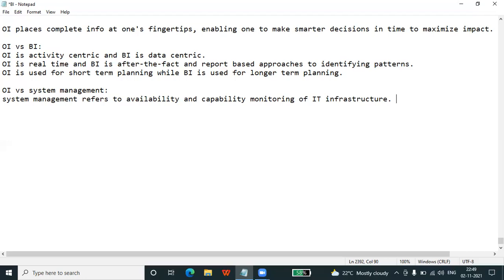Then we have complex event processing. There is a strong relationship between complex event processing companies and operational intelligence, especially since complex event processing is regarded by many operational intelligence companies as a core component of their solutions.